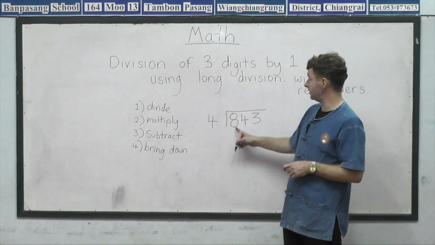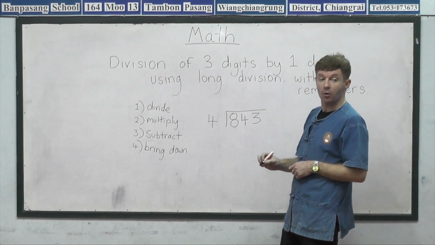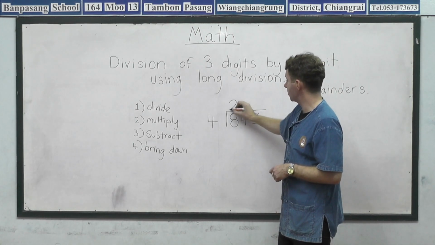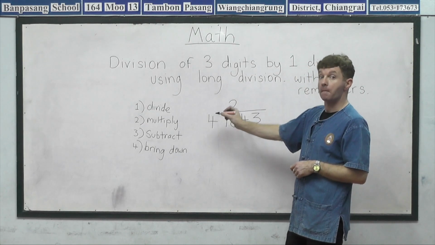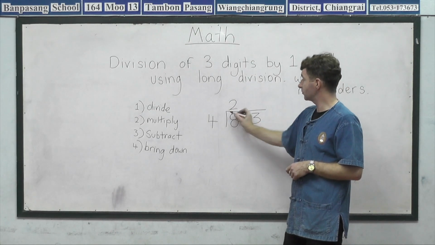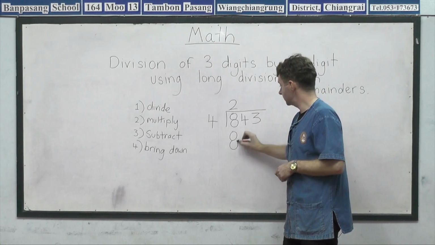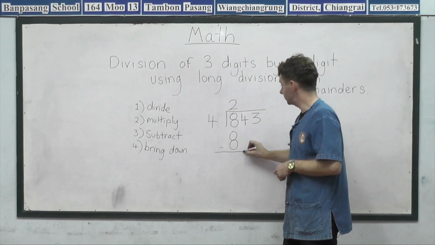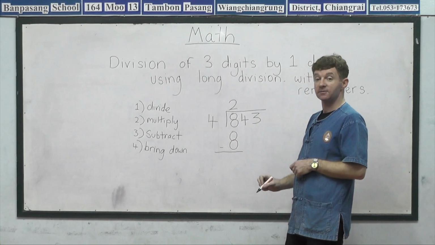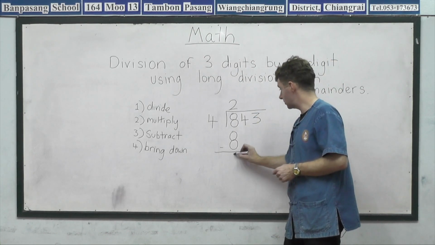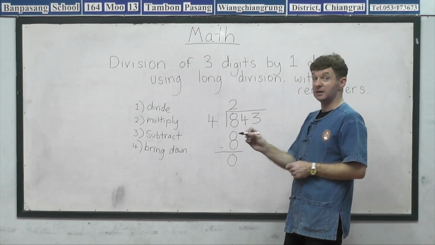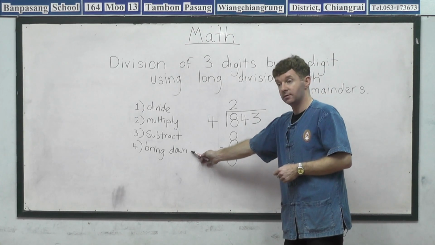So what's step 1? Divide. 8 divided by 4 equals 2. Step 2, multiply. 2 times 4 equals 8. Step 3, subtract. 8 minus 8 equals 0. Once we reach 0, we know we're ready to bring down.